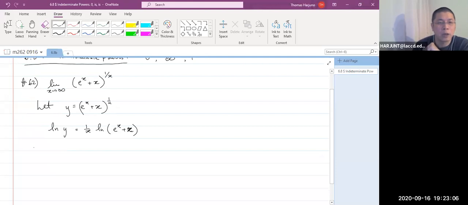Then I will apply limit x goes to infinity of natural log of y equals limit x goes to infinity of natural log of e to the x plus x over x.